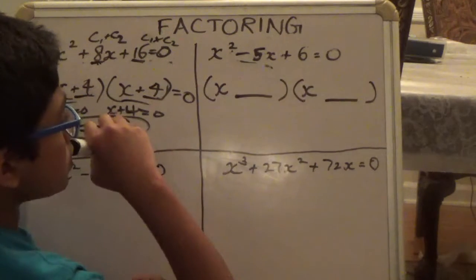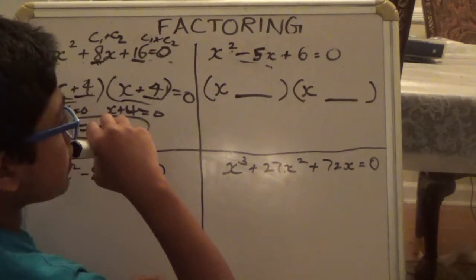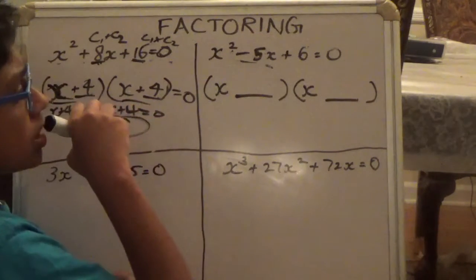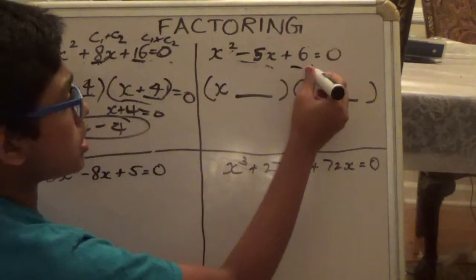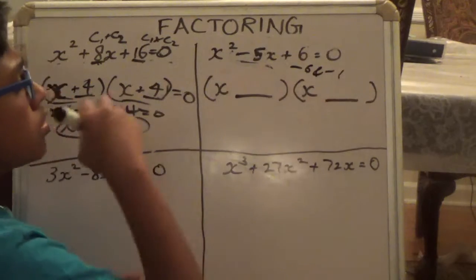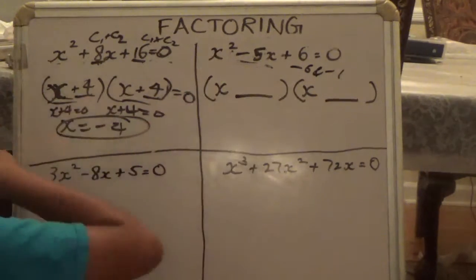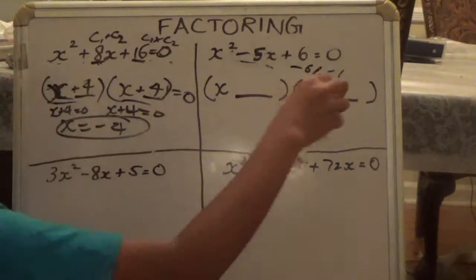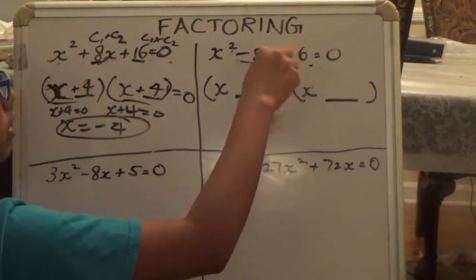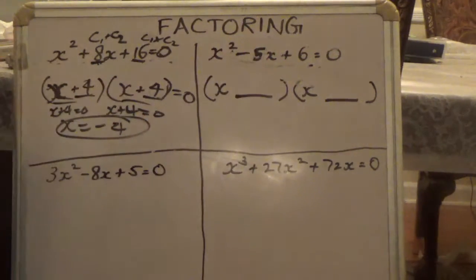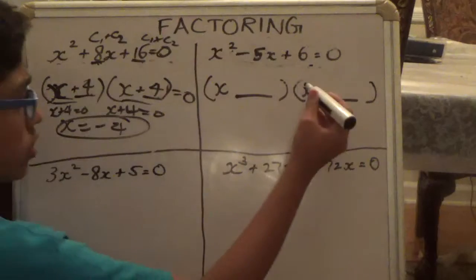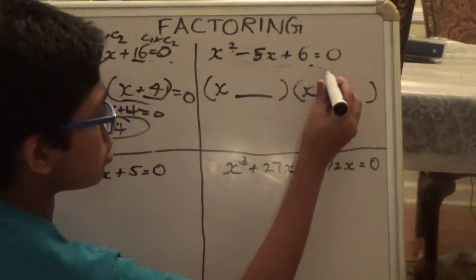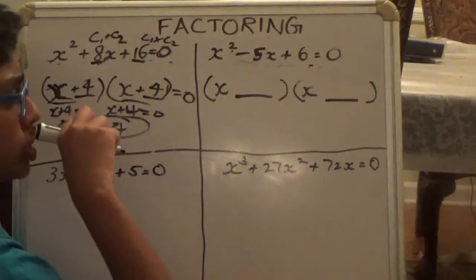Okay. So, what do you multiply to get 6? Minus 6 and minus 1. However, minus 6 minus 1, if you add it, it's minus 7. So that will not fit the first constraint. But instead, if you do minus 2 and minus 3, negative 2 times negative 3 is positive 6.